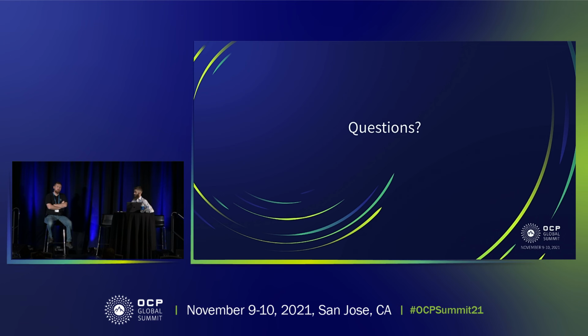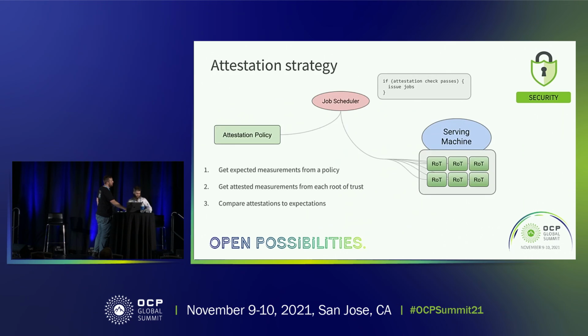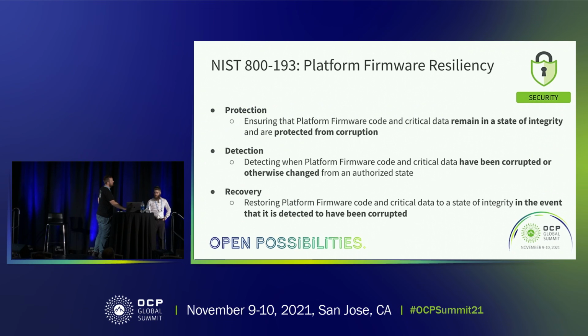So that's where we do things like, we have a couple options there. So the very first slide we had: protection, detection, recovery. This talk was about detection, but we also are investing in protection. So making sure that, for example, RTUs, making sure that you can't flash arbitrary bad firmware after the thing's booted.